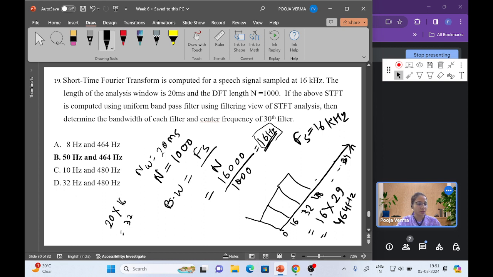I'm not getting how it is 50 hertz. If any of you are able to solve this, let me know. Otherwise, I will solve this problem. The center frequency at the 30th filter is 464, but for 50 hertz, I'm not sure.